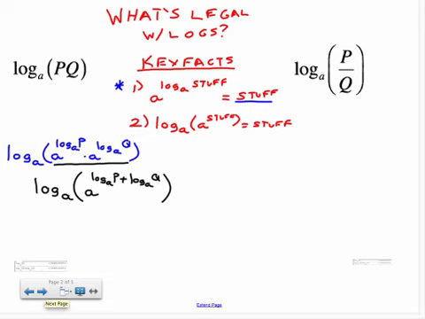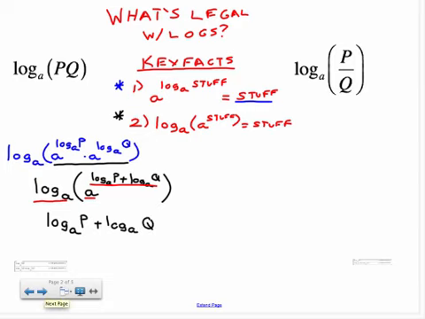And now I'm going to use property number 2, key fact number 2, which says if you have log base a of a to the stuff, then the answer is equal to stuff. So this can be rewritten as just what you have in the exponent there, which is log base a of p plus log base a of q.